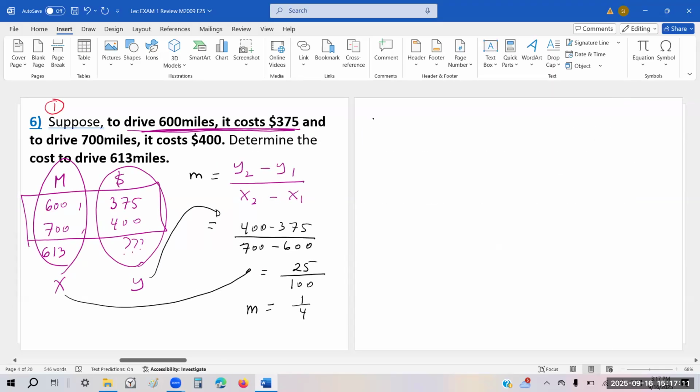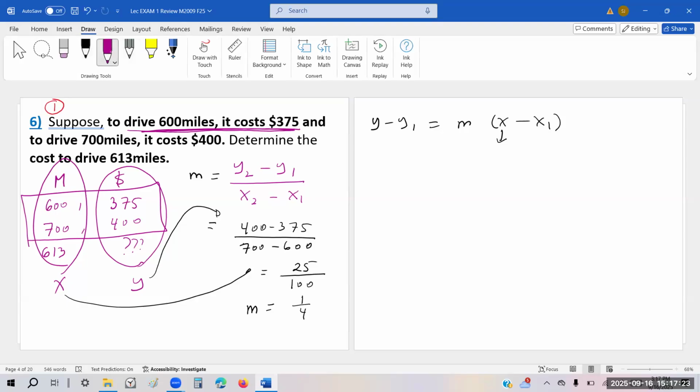Equation of any line is y minus y1 equals slope times x minus x1. Now this time they actually gave you the x value. Our x value is this one, 613. And which one of these is x1?